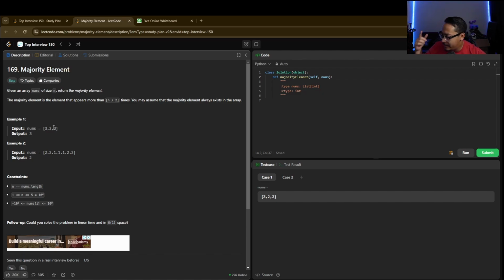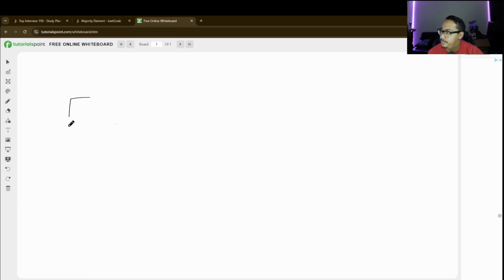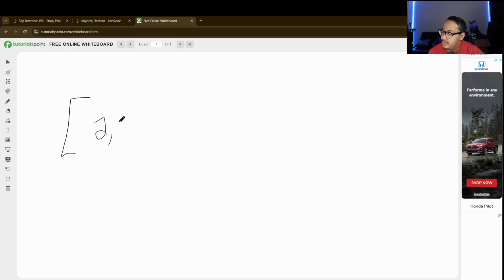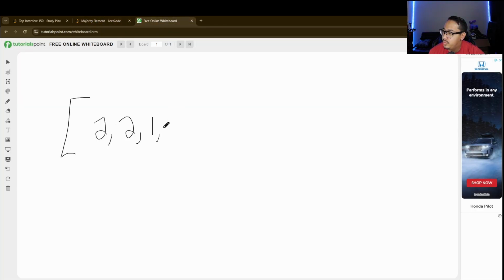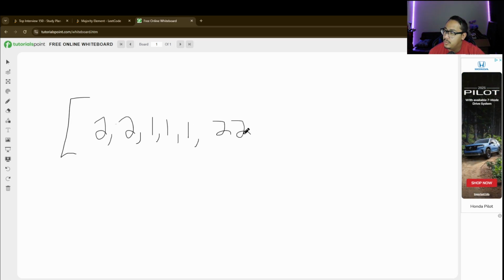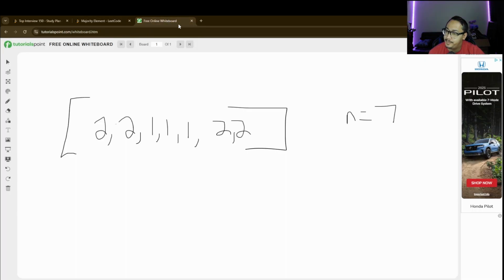All right, I think I know what I'm doing. Let's go ahead and write these down. We're going to do the second example here. So we know that n is 7 for this specific example. If we divide this by 2, n divided by 2 is 3.5.